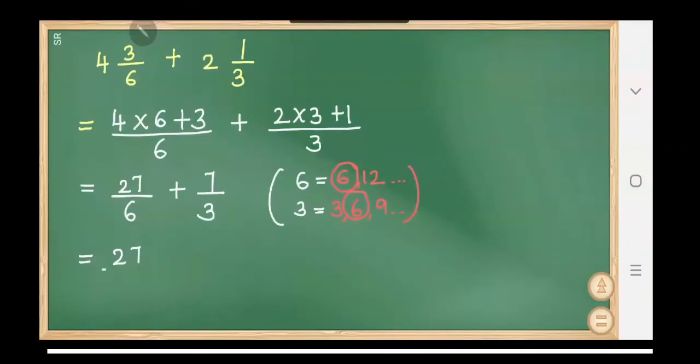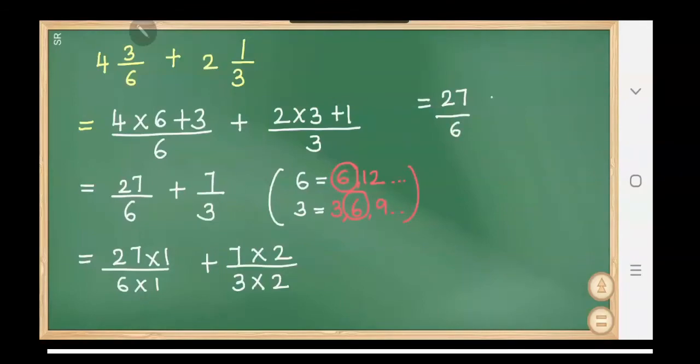So 27 upon 6, I need not change this, but I'll just write it down multiplied by 1 because I already have 6 in the denominator. 7 upon 3. 3 into 2 is 6. So I'll multiply by 2 in the numerator also. So after multiplying we get 27 upon 6 plus 14 upon 6.